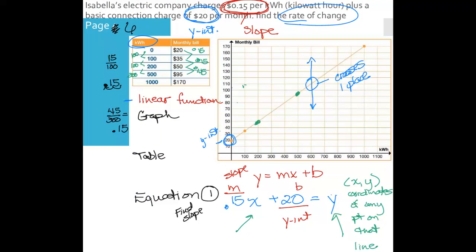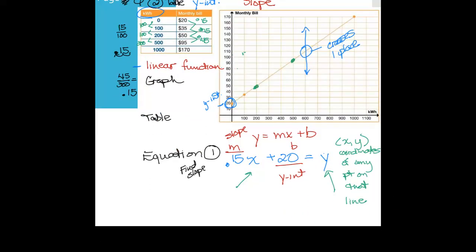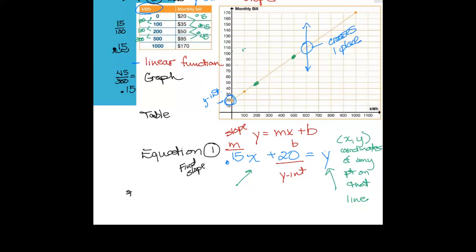A second way is to look at your table and find the slope of your table, which is the difference between the bill over the kilowatt hours. And a third way, how do we find slope in general?